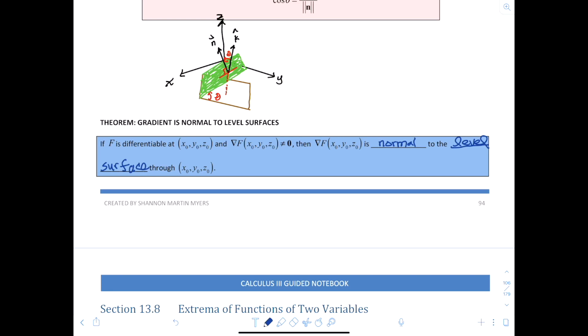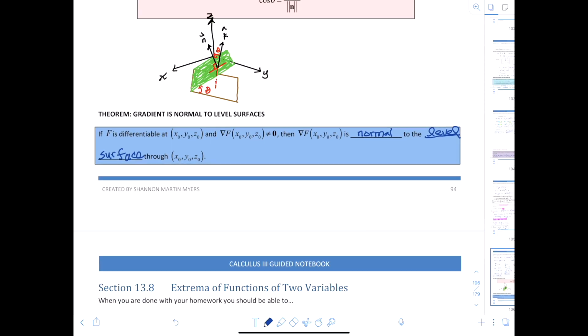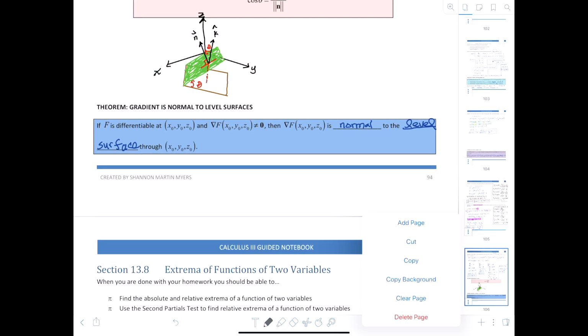So let's go ahead and look at an example that would pertain to that. We'll go ahead and add a page here.